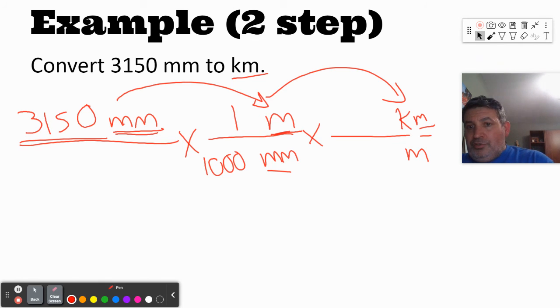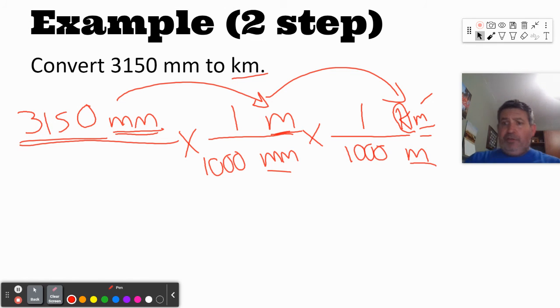Then we look at these two, kilometer is bigger, so I put a 1 next to that, and meters, kilo means 1,000, so the meaning of that prefix will go there. So once you identify, put the 1 next to the bigger one, the other one gets the meaning of the prefix involved, okay? Now, the calculator, you got to be careful on this. There's a couple of ways to put it in. You can put 3150.